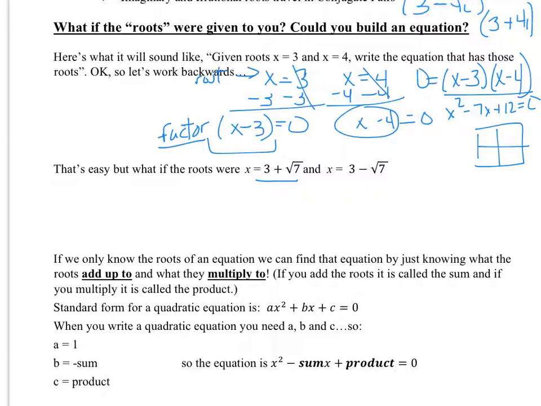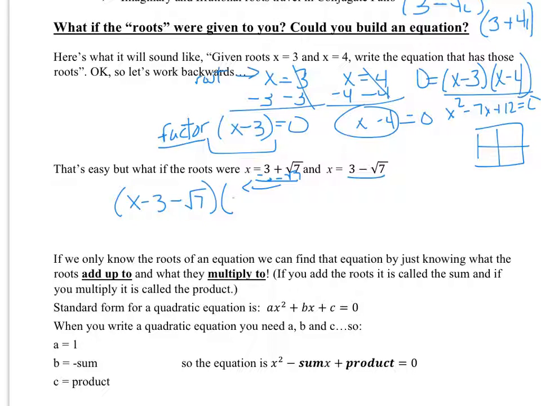Okay, now you can do the same thing with something like this. If one of the roots is 3 plus radical 7, the other is 3 minus radical 7. So the problem with something like that is that getting it set equal to 0 is a big fat mess. We would have to subtract both of these and move them to this side. So minus 3 minus radical 7. So the actual factor is x minus 3 minus radical 7, which is like a trinomial.